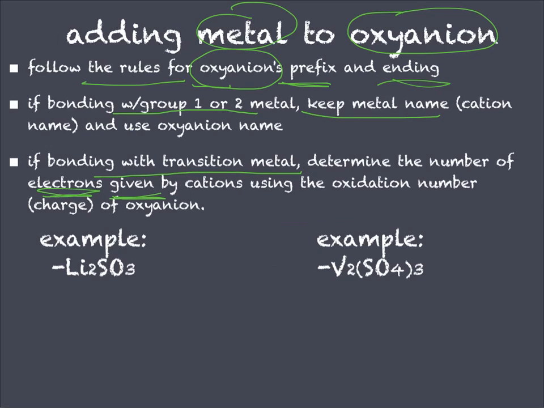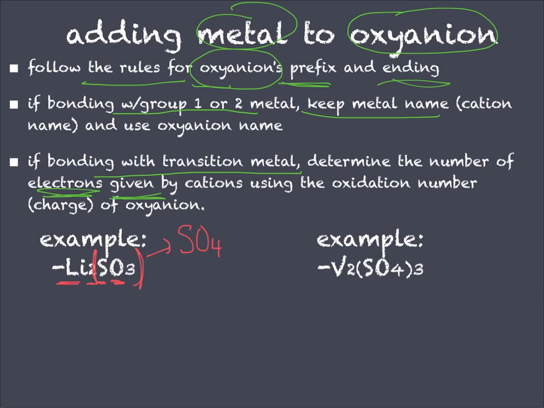So for example, this is also from your homework. If I have lithium, 2 of them bonded with 1 sulfur, 3 oxygens, I treat this sulfur and oxygen as one thing. Remember from our previous page that the most common form for this is actually SO4, and that would give it the name sulfate.